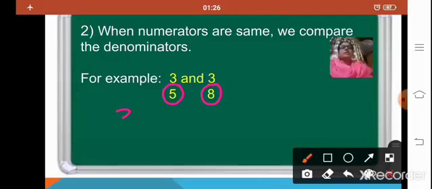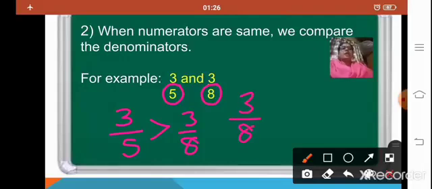So here you can say that 3 upon 5 is greater than 3 upon 8, or you can also write it as 3 upon 8 is smaller than 3 upon 5.